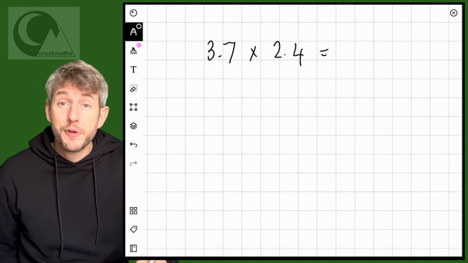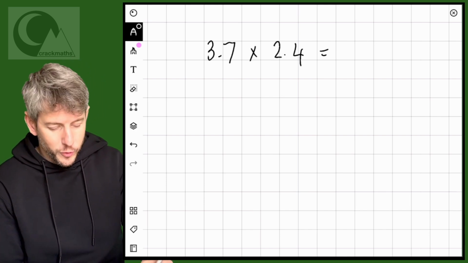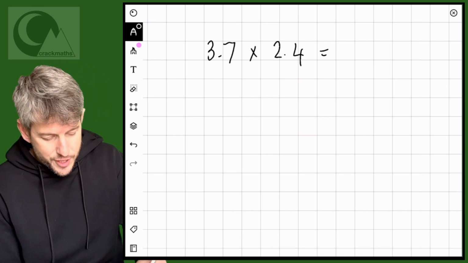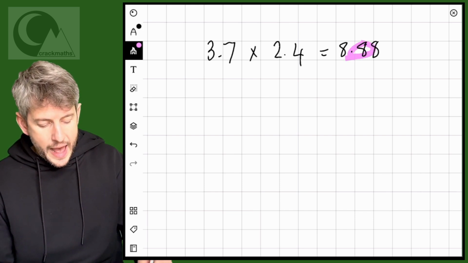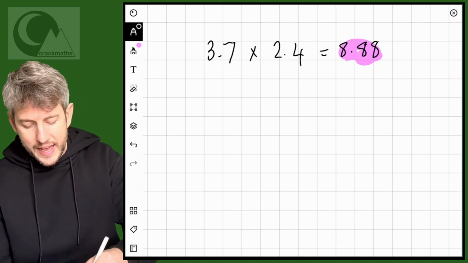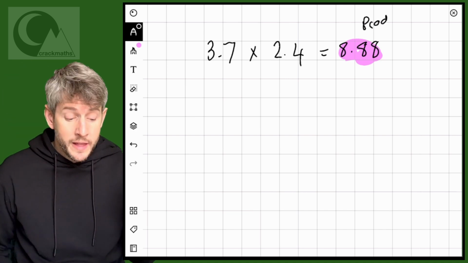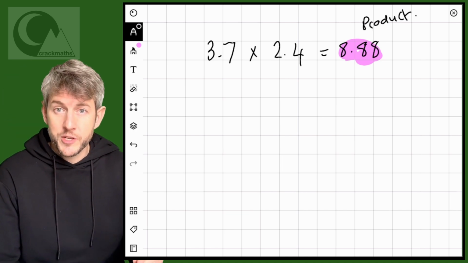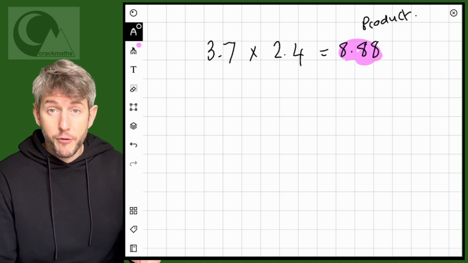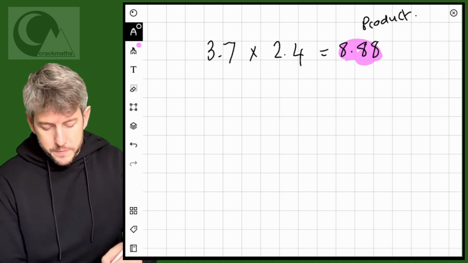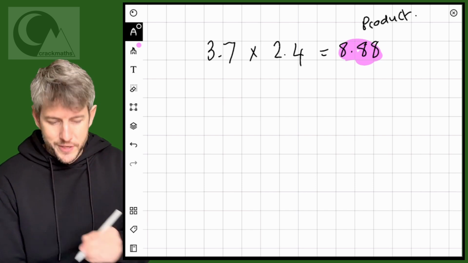So if we do 3.7 times 2.4, and from the calculator I know that this equals 8.88, we can identify 8.88 as our product. So if I want to rearrange this expression, what I know is that the two numbers that multiply together to give the product, when we're doing the division, we need to put the product first, okay?